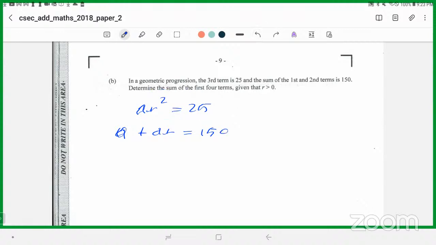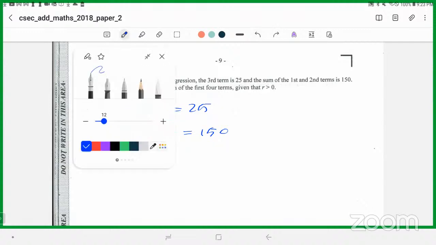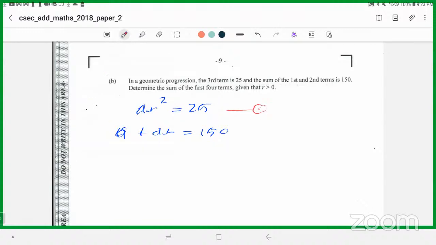So I'm just going to divide one over the next. Simple as that. If I call this equation 1 and this equation 2, they were derived from a GP. I know that when I'm solving GP simultaneous equations, the easy way to do them is to divide them.